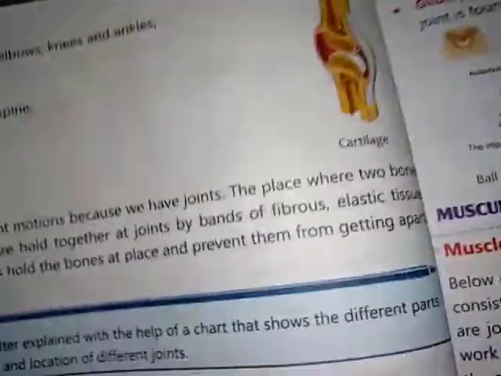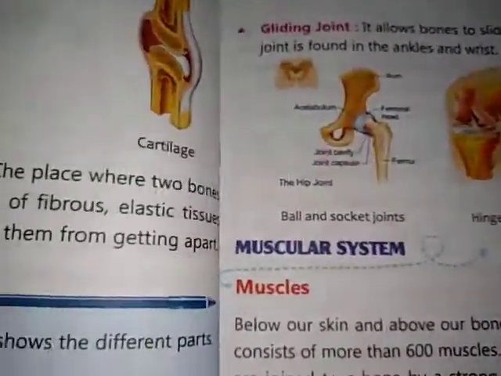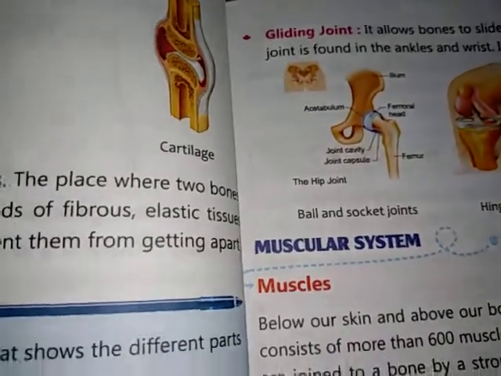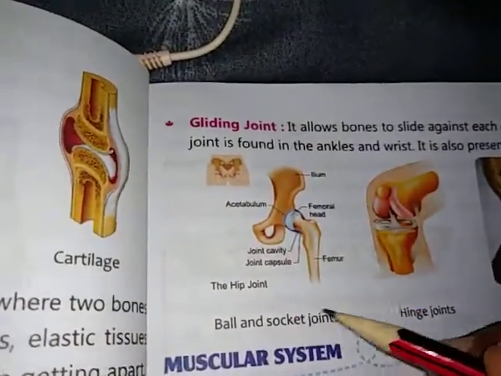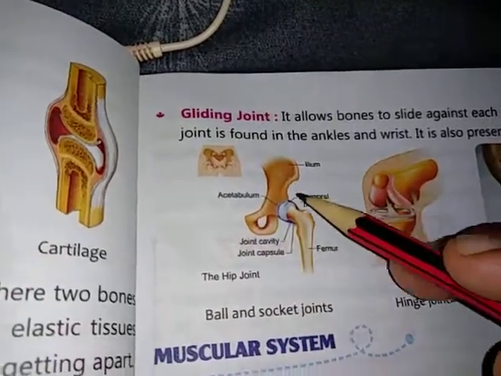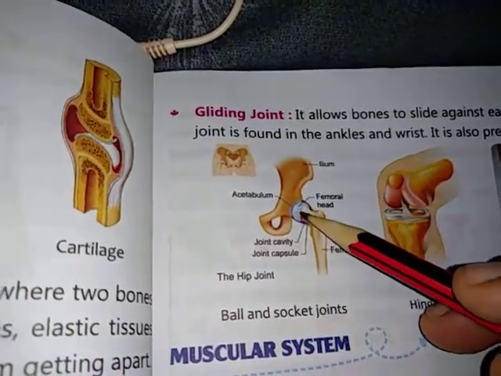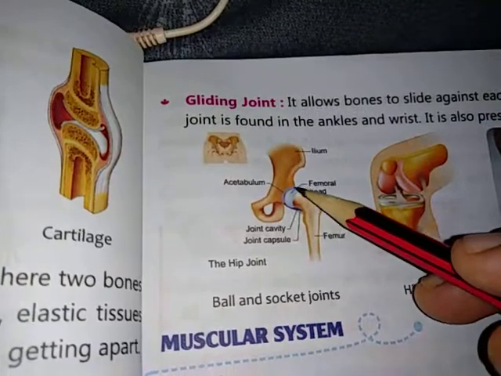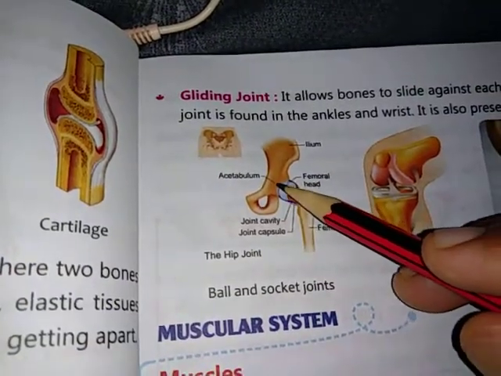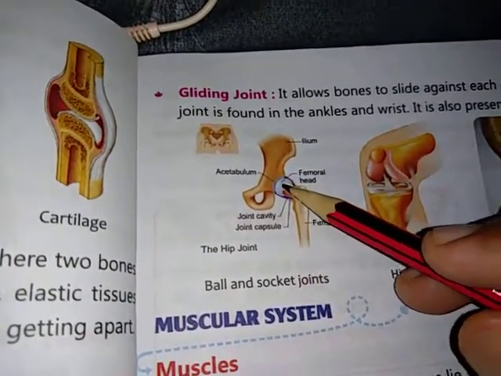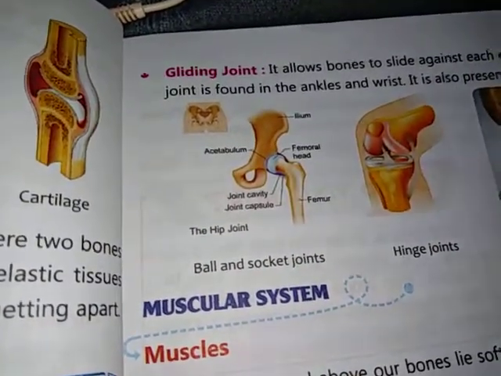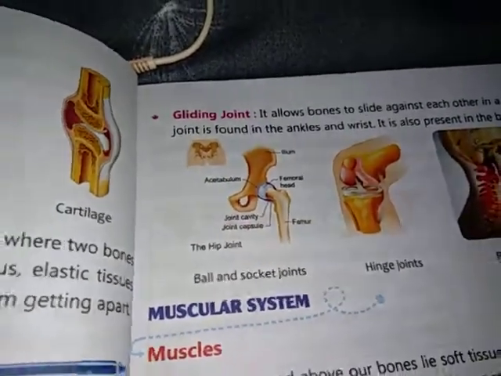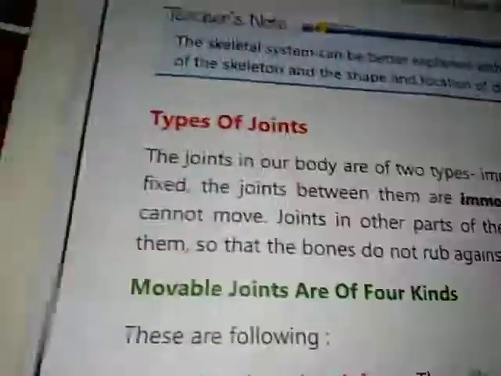This is the example of ball and socket, and this is the hip joint. Now this is the ball and this is the socket in which the ball has been fit. So this is the example of ball and socket.